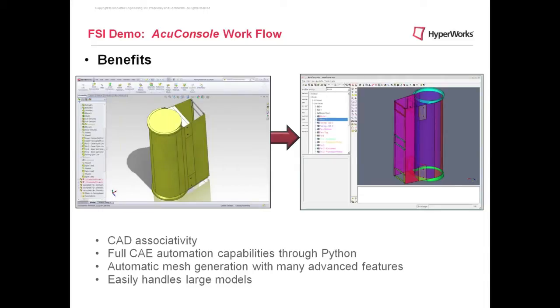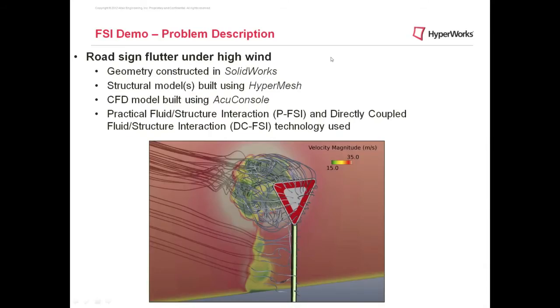Also, AcuConsole was built for CFD. It easily handles very large models. I've opened models on the order of 500 million elements before in the graphical user interface and had fairly interactive frame rates. I was able to rotate it, spin it, scale it, and zoom it without any problems.